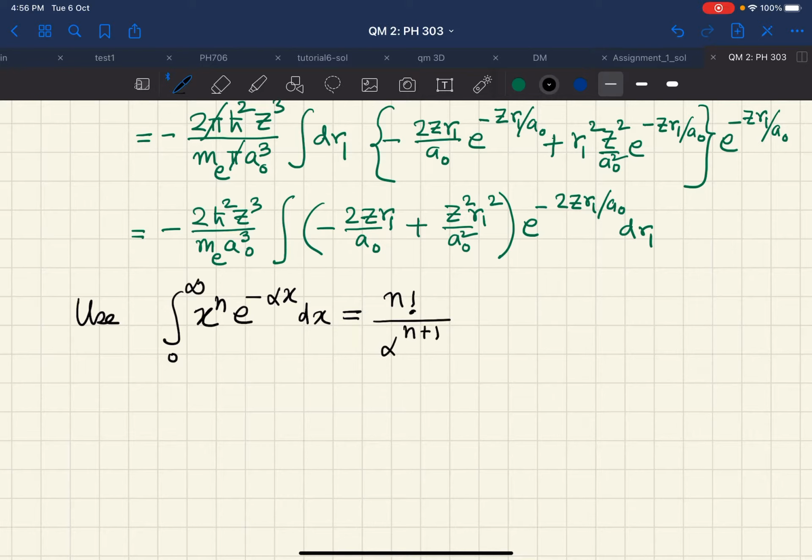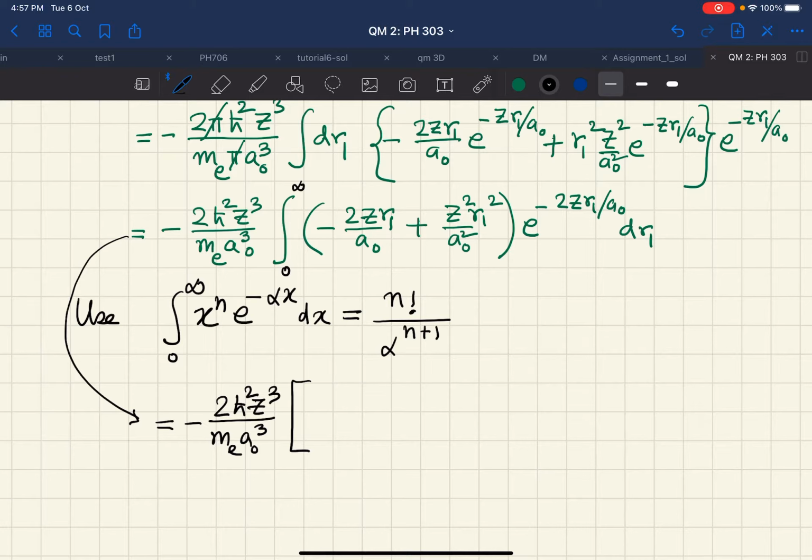If we use this, then this step becomes minus 2 h bar squared Z cubed by me into a0 cubed. Now if we look at the first integral, of course the integration limit here is from 0 to infinity, that is the limit of r1.